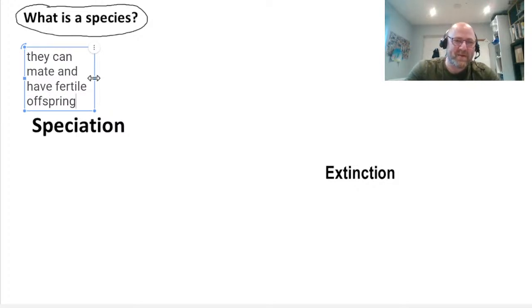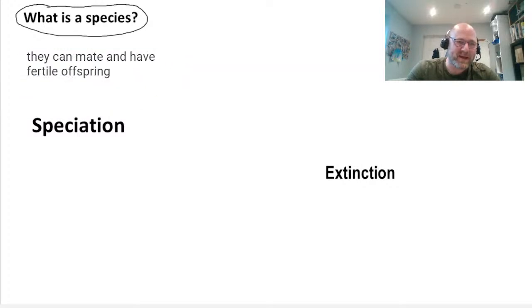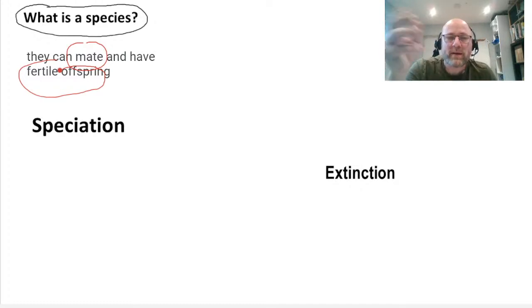The two key words here are mate and fertile offspring. It's one thing to be able to have sex with something. A dog could have sex with a chicken. Doesn't mean they can produce any offspring. But a dog and a wolf might be able to have a baby, but that baby will not be fertile. It won't be able to have its own children.